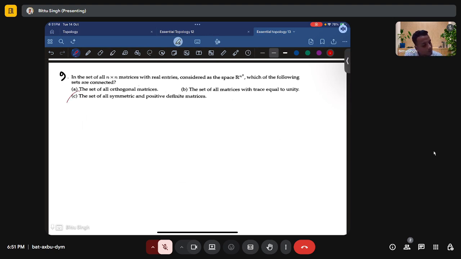The set of all orthogonal matrices, is it connected? The set of all matrices with trace unity, the set of all positive definite matrices. Okay.